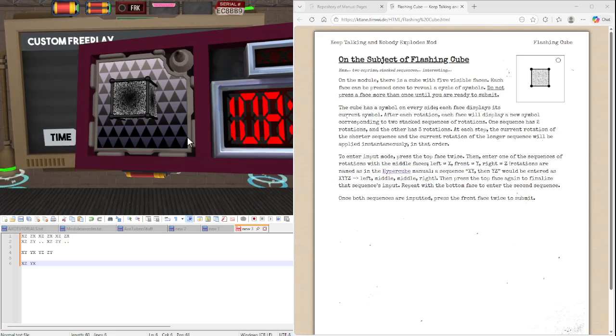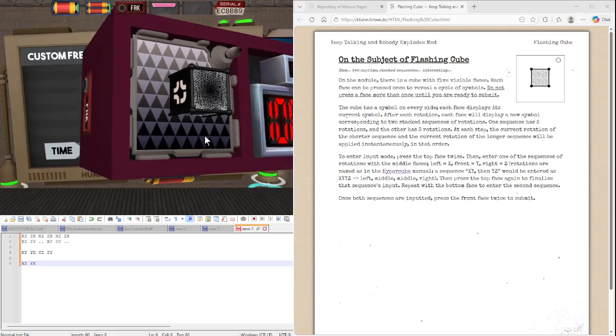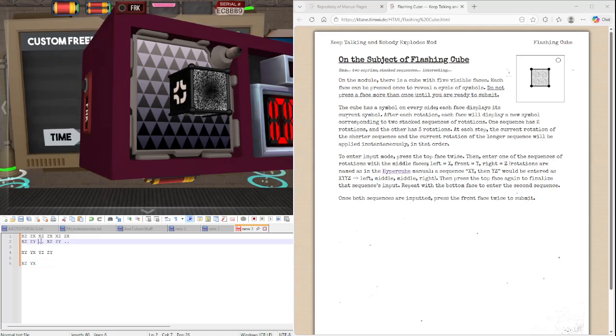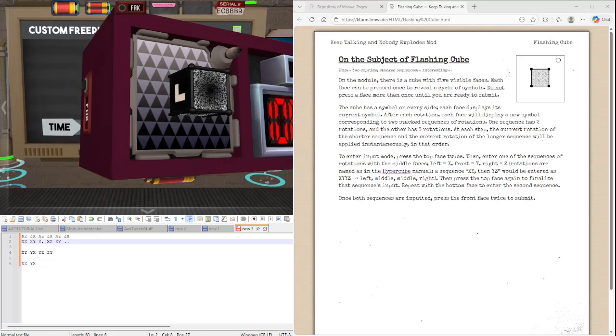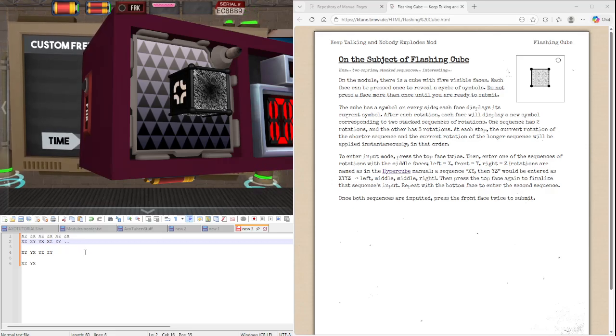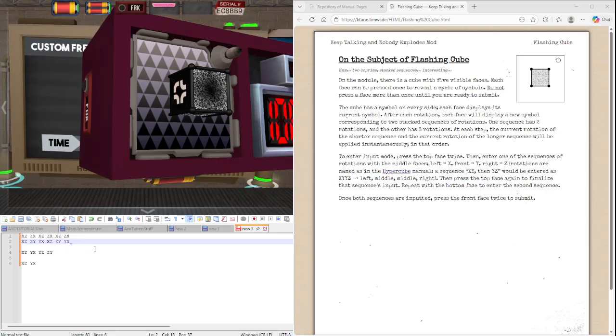Positive X goes to positive Y. Yeah. Got this right.